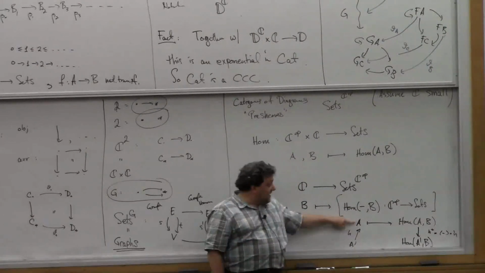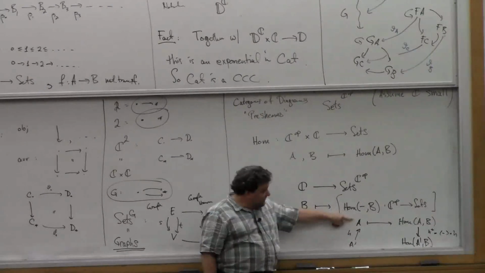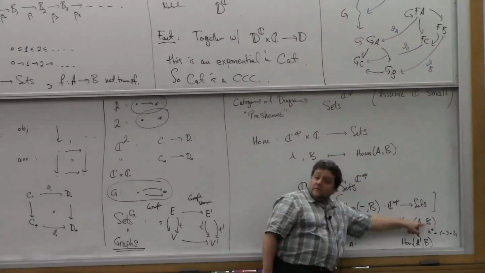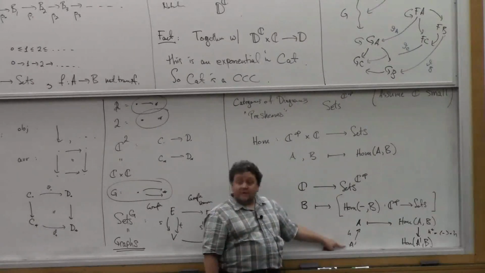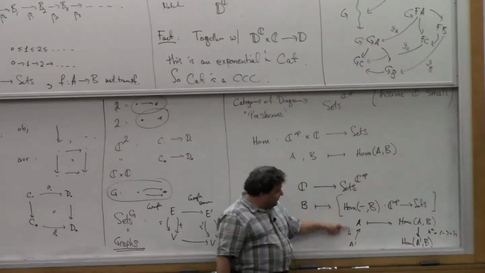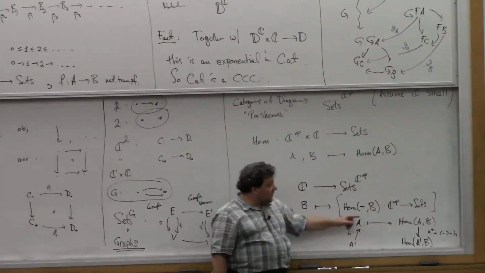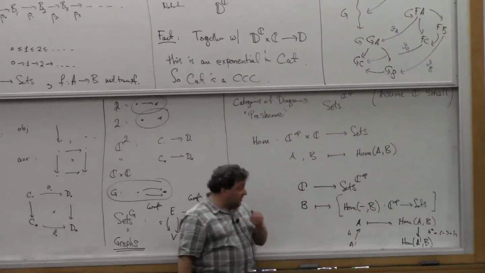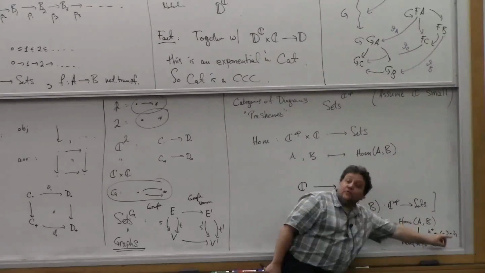And now, how does it act on arrows? Well, it acts like this. If I have an arrow into A, and I have an arrow from A to B, I precompose with this arrow. And that gives me an arrow from A prime into B. Well, so this operation is going that way, where this one's going that way. So that was the definition of being a contravariant functor. And that's why we put this op here, to show that the functor is contravariant. And this is just the definition of the action. It's saying precompose with H.